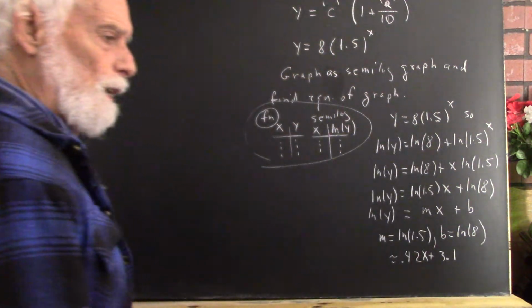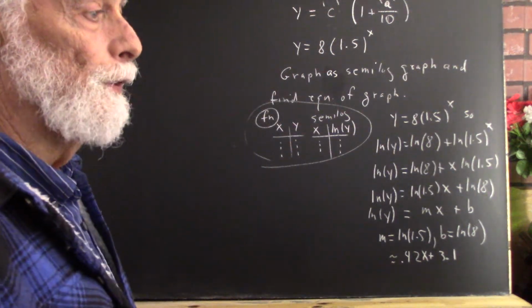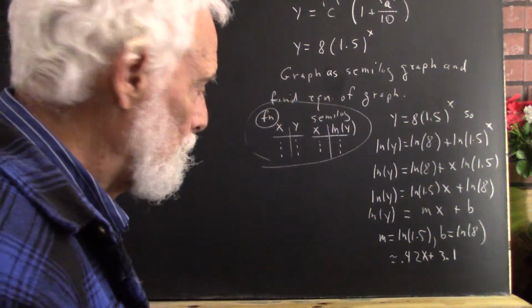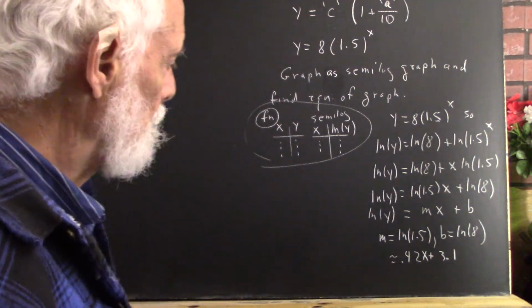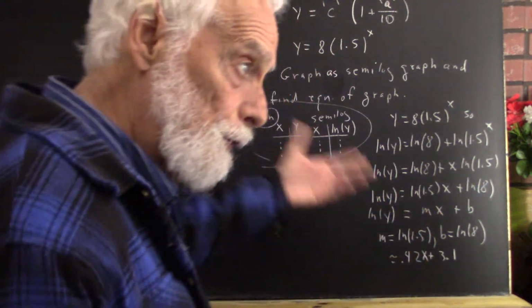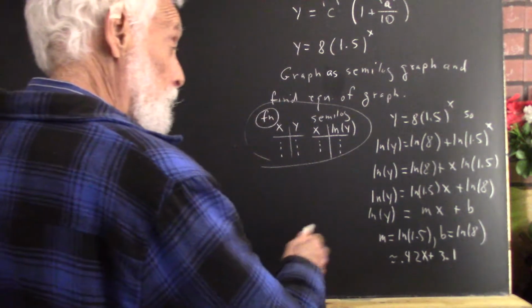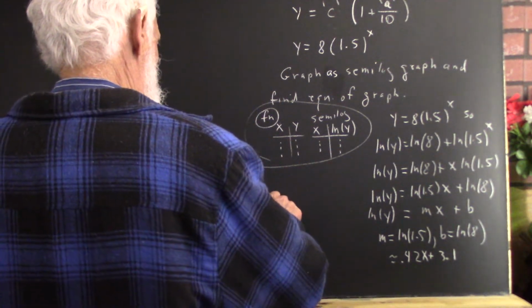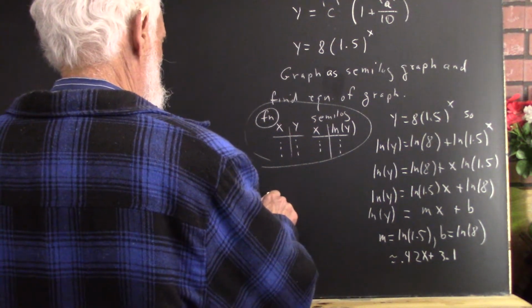It's maybe something like 0.42x plus 3.1. Okay, and of course you use your calculator, you can get more accurate numbers there. But assuming that those numbers are reasonably close, and I think they are, but I'm never surprised when they aren't.